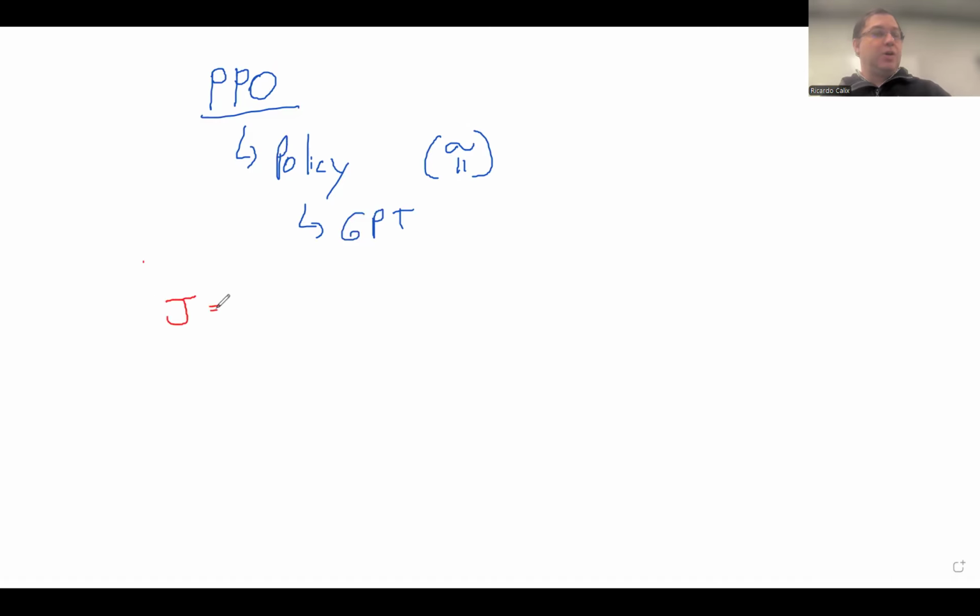So J, as you know, is the loss function, which it is, right? And it's going to be, I believe, a minimization of the ratio, possibly. Because it says min. And then you have the ratio, we'll just write it as ratio, which is based on the network, right?